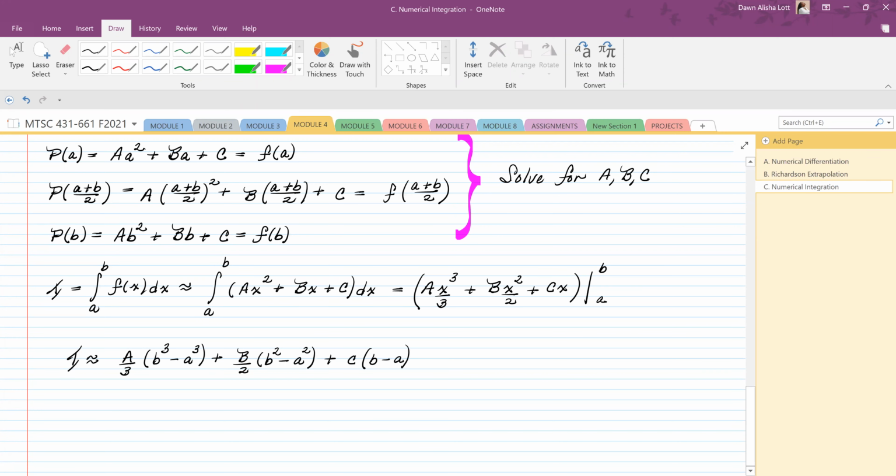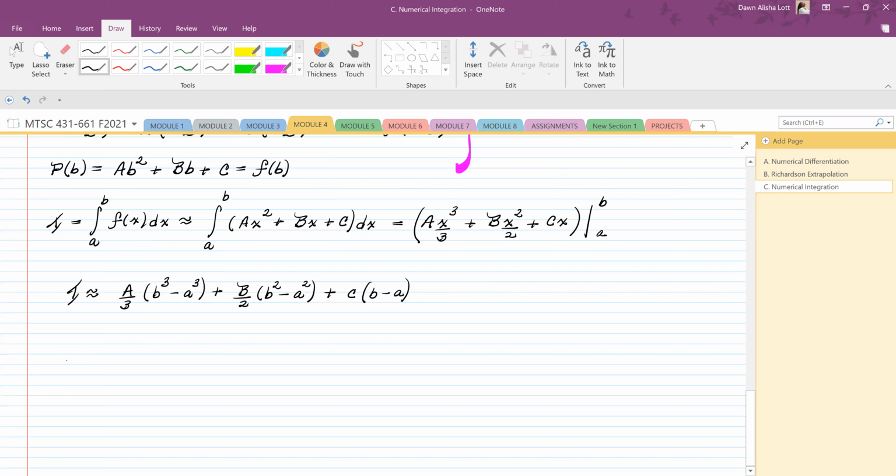And when you work it all out, this turns out to be (f of a plus 4 times f of (a plus b) over 2 plus f of b), all of that divided by 6, times (b minus a), again plus whatever error we've accumulated in making an approximation.